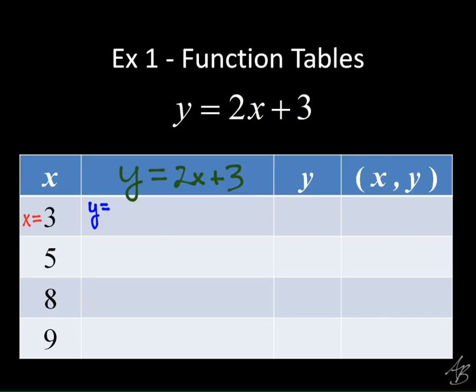I'm going to need a little bit of room for some work. So I'm going to write y equals 2, and then I'm putting the 3 where the x is, plus 3. But this looks like a 23, right? So anytime I substitute, which means I'm putting something in for x, I'm going to put parentheses around that.